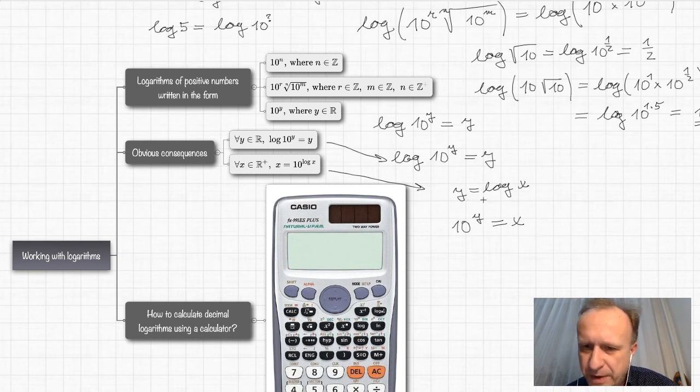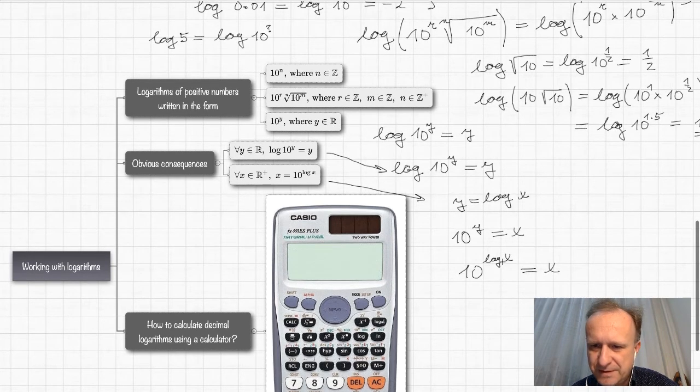And now if you replace this y in the exponent by what it is, the logarithm of x, you get the following: 10 to the power of logarithm of x equals x. Okay? So if you raise 10 to the logarithm of x, you get x.